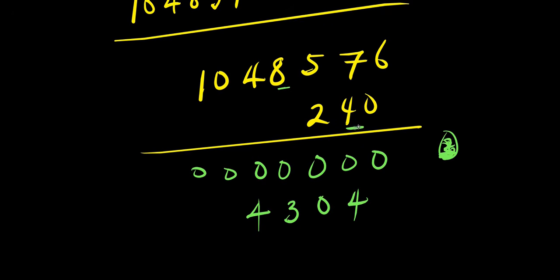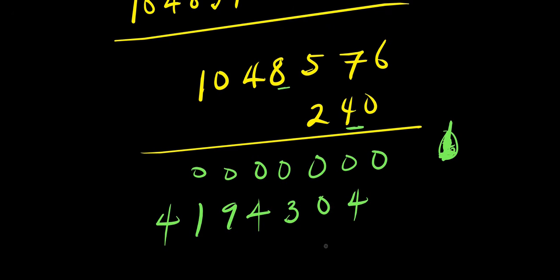Now 4 times 4, 16 plus 3, 19, 9 carry over 1. Then 4 times 0, 0 plus 1. Then you have what? 4 times 1, we have 4.